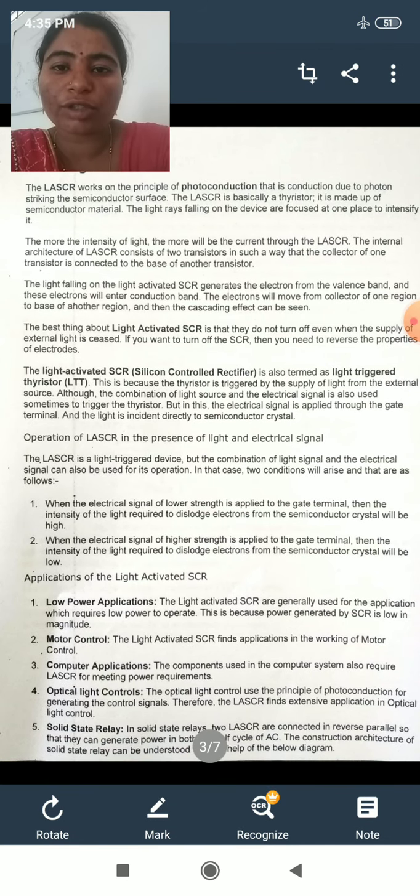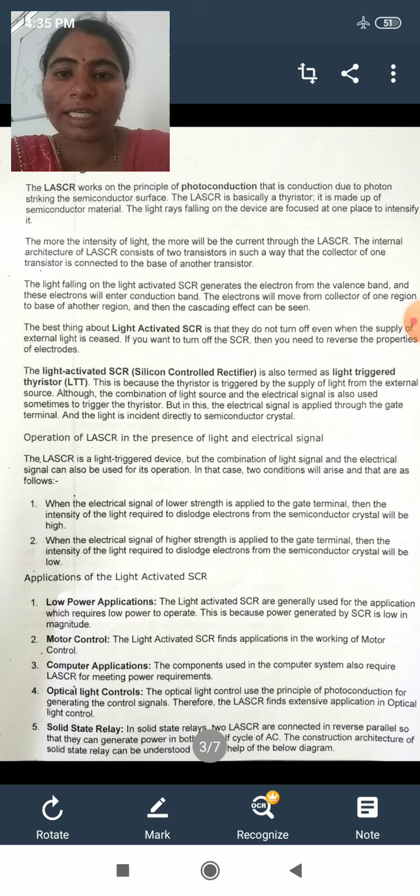This LASCR works on the principle of photoconduction, that is the conduction due to photons striking the semiconductor surface. This LASCR is basically a thyristor made of semiconductor material, and the uppermost layer is of glass material. The light rays falling on this device are focused on one place with a specific intensity.